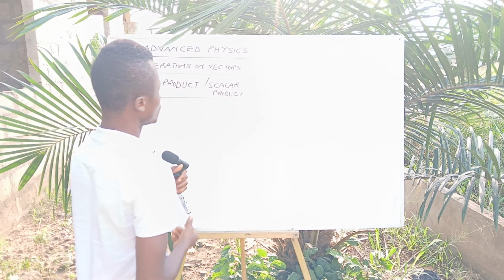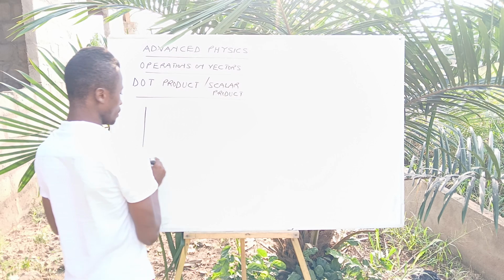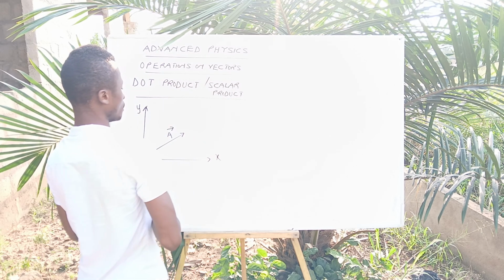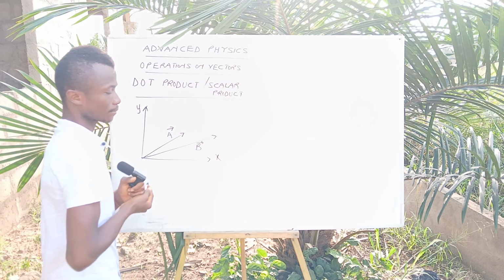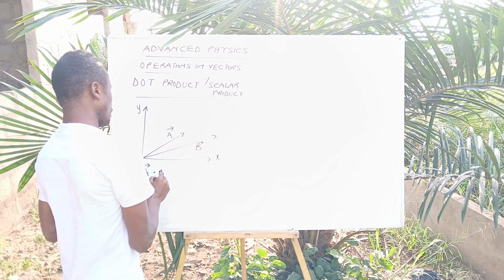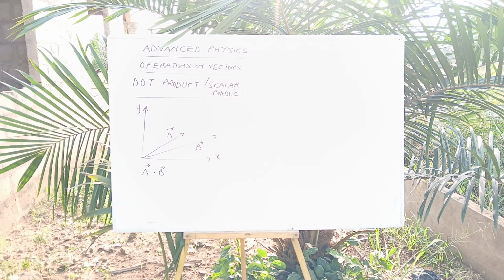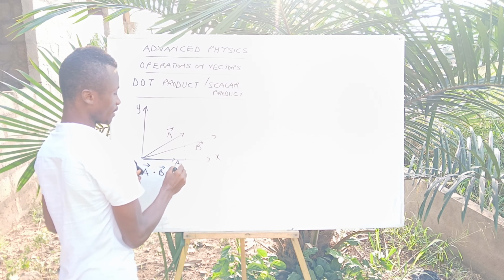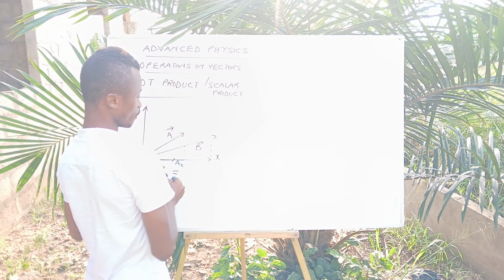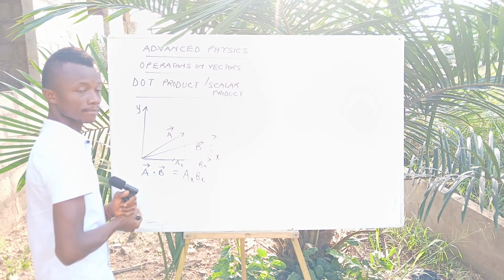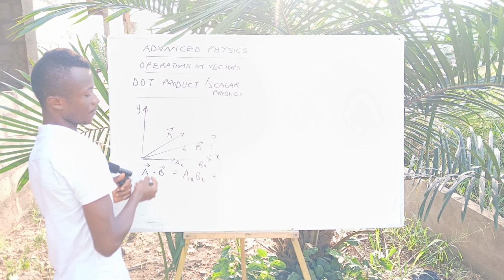Now, the dot product is established this way, that in 2D, if you have a vector A and another vector B, then A dot B is equal to, now you first take the x component of the A, the magnitude of it, which is ax, then you multiply that by the x component of the B, which is bx, then you have ax bx plus, then you take the y component of A, which is AY.